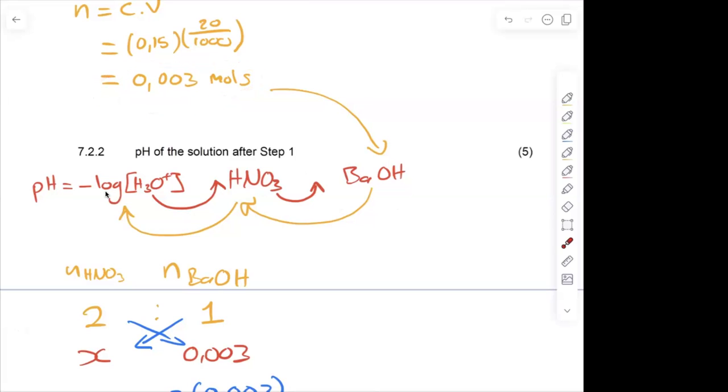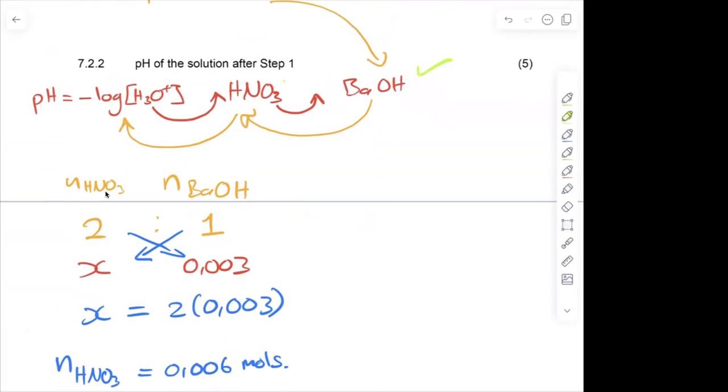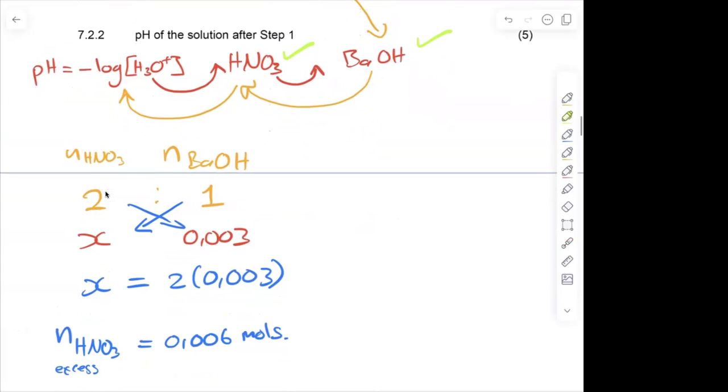So we've done step 1. We know the concentration of our barium hydroxide, right? We use that now to figure out the not concentration, the number of moles. We use that now to get the number of moles of our HNO3 that have reacted in this particular case. So the number of moles of HNO3 that have reacted is going to be basically the same as the number of moles of our H3O plus.